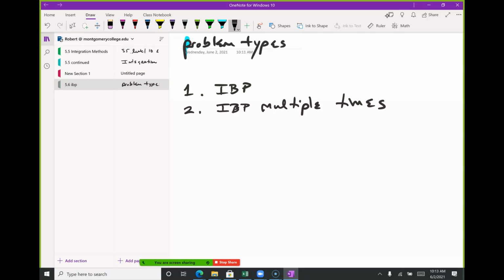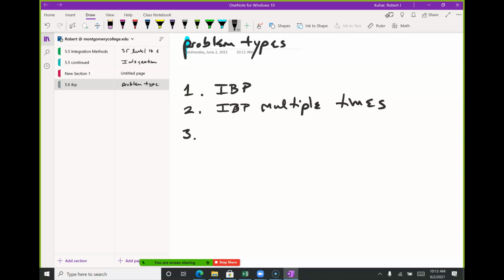I won't let it be more than twice. Some problems could require by parts 3 or 4 times, but I'll restrict it to 2 times. I think I've already done that in the homework I picked out for you in homework 2, which is 5.6.